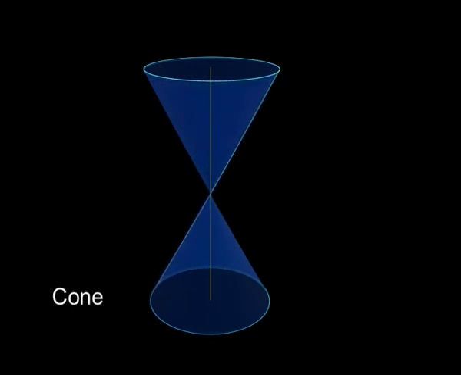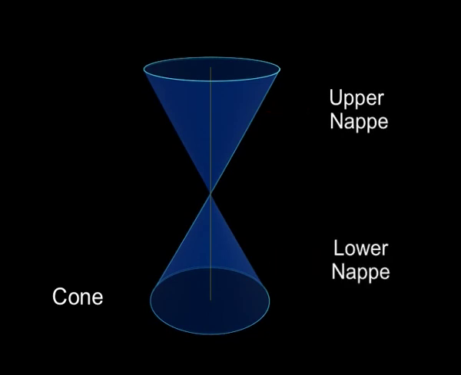We can observe that a cone has an upper half and a lower half, called the nappes, and these are joined at a single point called the vertex. We may notice that the nappes extend indefinitely far both upwards and downwards. A cone is thus completely determined by its vertex angle.